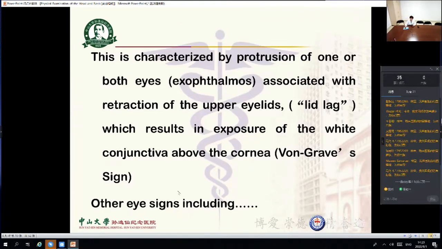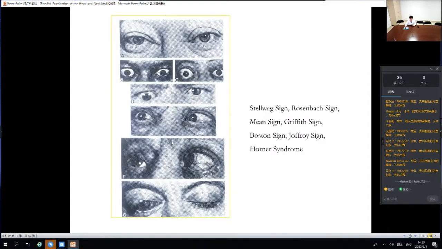The other eye signs, you need to read your textbook carefully to see different eye signs of hyperthyroidism, including the Stellwag sign, Rosenbach sign, Means sign, Griffith's eye sign, Boston eye sign, Geoffroy sign, and Horner syndrome. All kinds of different eye signs will give you a clue for the diagnosis of hyperthyroidism, especially Graves' disease.